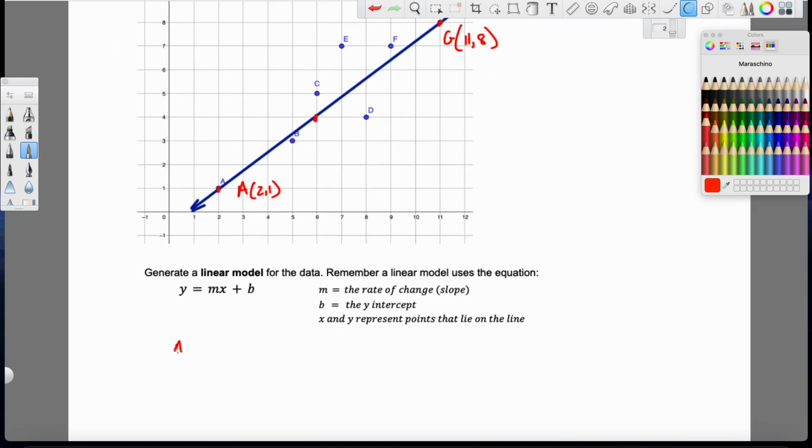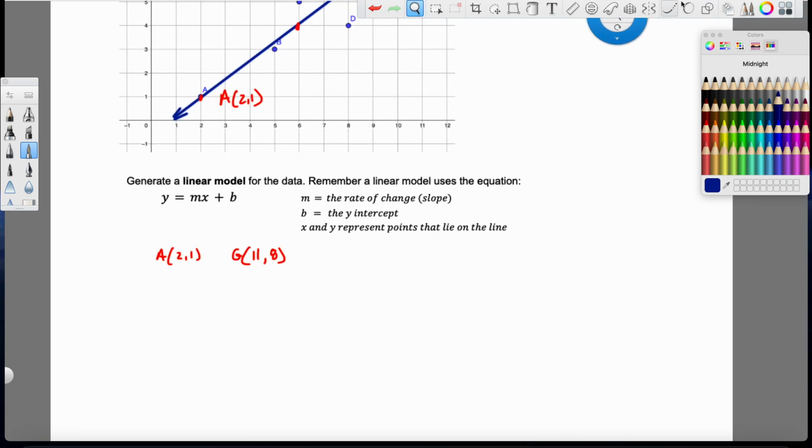With these 2 points, we can come up with a line for this scatter plot. So we know the equation of a line is y equals mx plus b, where m is the rate of change or the slope, b is the y-intercept, and x and y represent points that lie on the line.